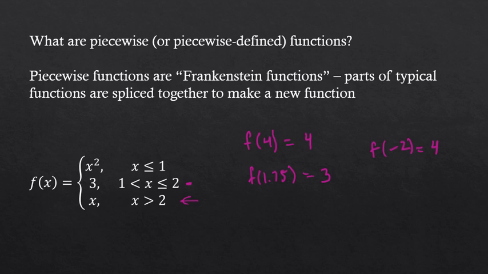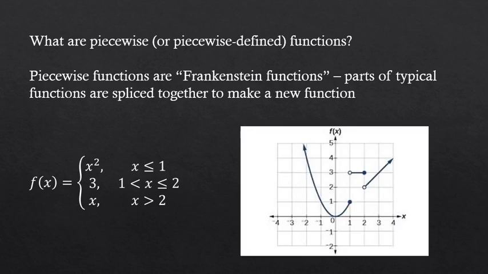Here's what the graph of this thing looks like. If you picture just the graph of x squared, or just the graph of x, or just the graph of 3, then you'll see that there are shapes here that very much resemble those graphs.